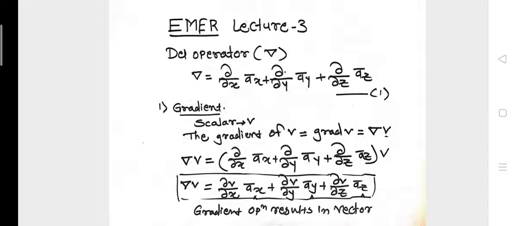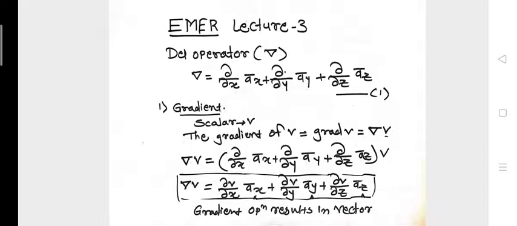So basically the del operator is a differentiation function which is defined as del is equal to dou by dou x a bar x plus dou by dou y a bar y plus dou by dou z a bar z. Right, now this operator itself is a vector quantity because it involves all the direction components.